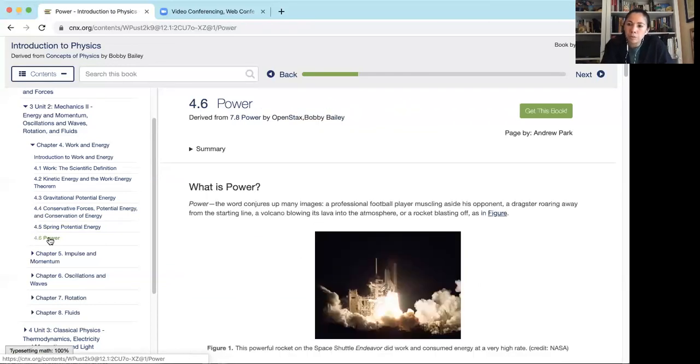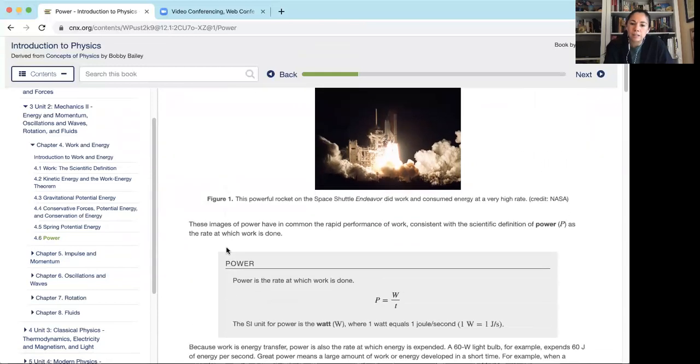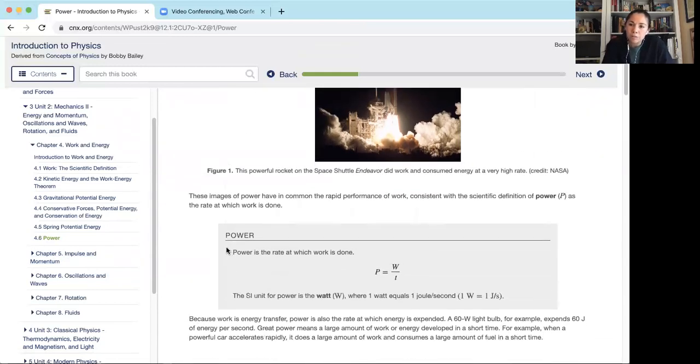And with power, we're going to address the fact that depending on how long a force is going to be providing work, you'll get more or less power. And so you can see that we'll use our definition of work and we'll add the time information to define power.